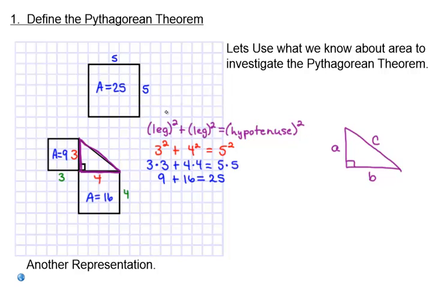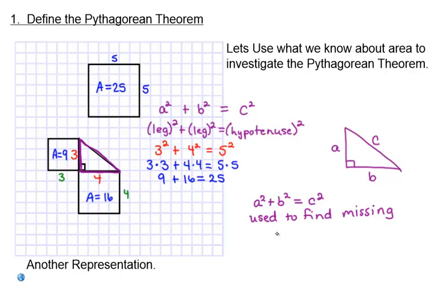In other words, a squared for one of the legs plus b squared for the other leg is equal to c squared for the hypotenuse. So the Pythagorean theorem is a squared plus b squared equals c squared, and this is used to find missing sides of right triangles.